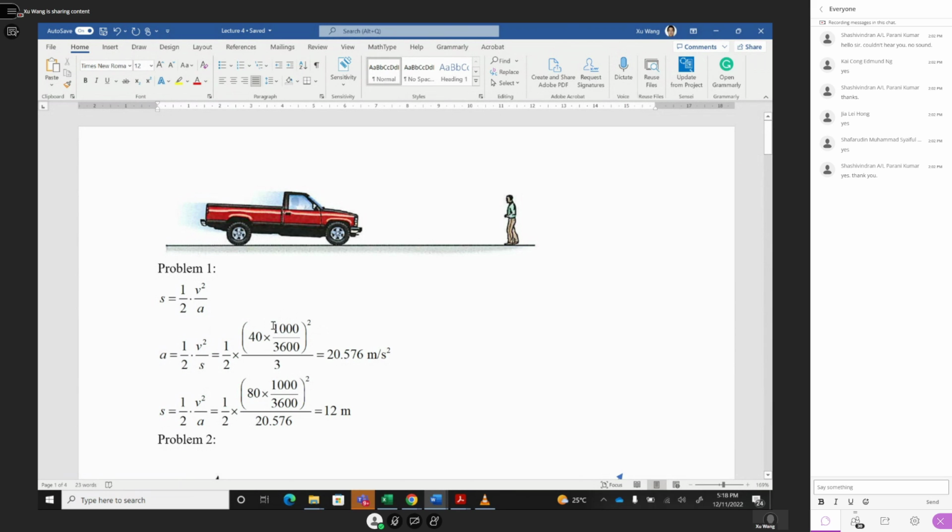Kilometer is 1,000, and per hour is 3,600 seconds. After you multiply, it becomes meter per second. And this is v squared divided by the stop distance 3, and using this formula you can calculate the acceleration, which is 20.576 meter per second squared.